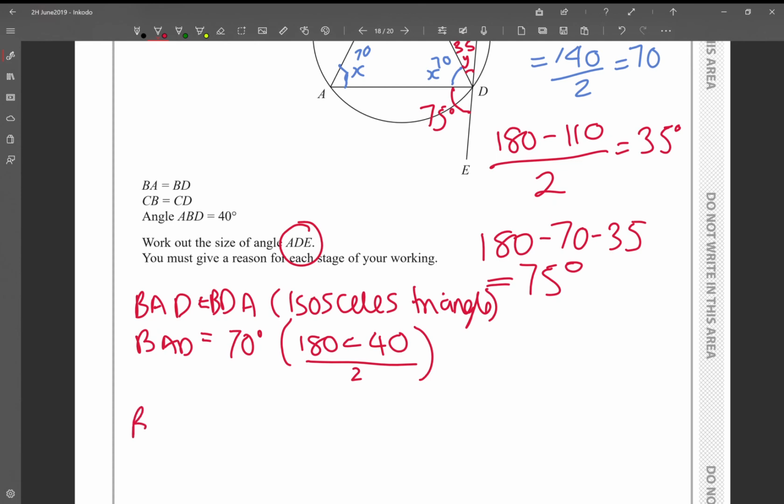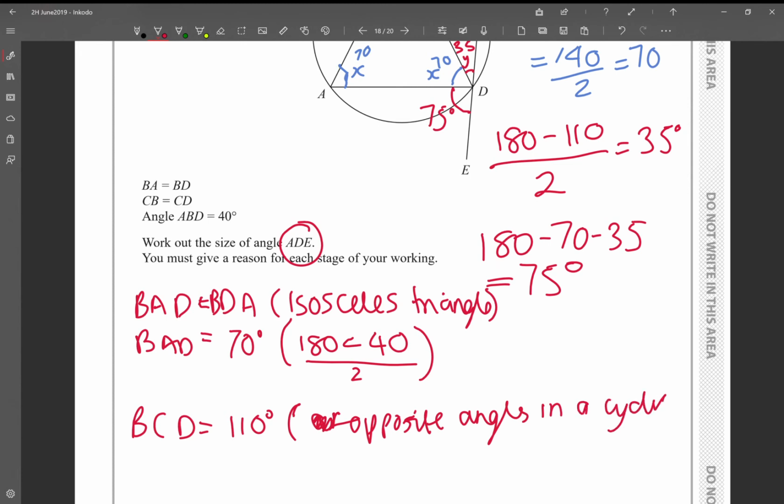So BCD equals 110, and that's because of, excuse my writing, opposite angles in a cyclic quadrilateral add to 180.